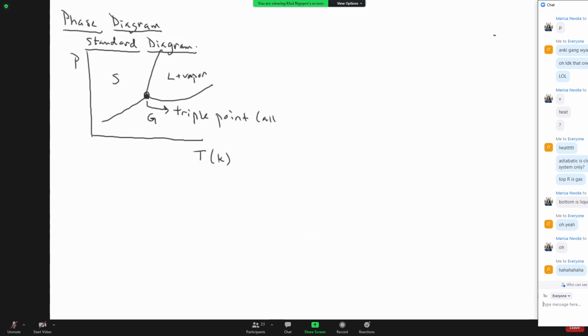At this point, all three phases exist. You guys go on YouTube and look up triple point and check out some videos. You get to see an object be solid, liquid, and gas, and they change based on the fluctuations of temperatures around it.